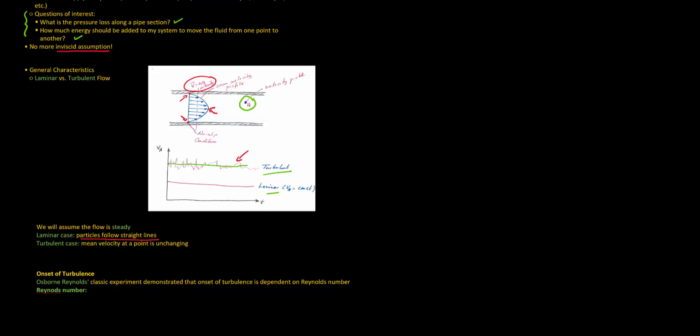So we have a very noisy signal with a mean in green that is not changing with time. And in our study of viscous flows in pipes, we are going to assume that the flow is steady, meaning that the mean properties at a given point are not changing with time.